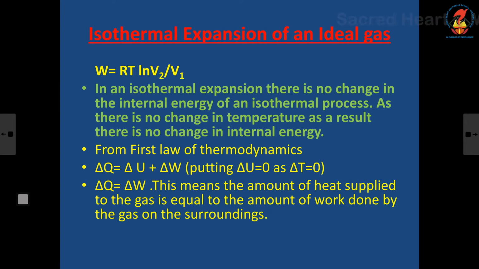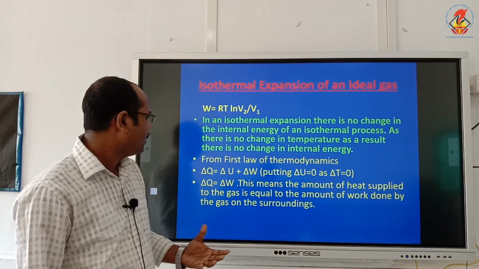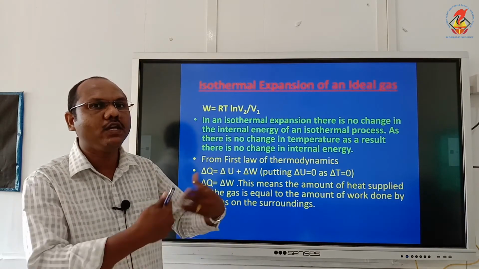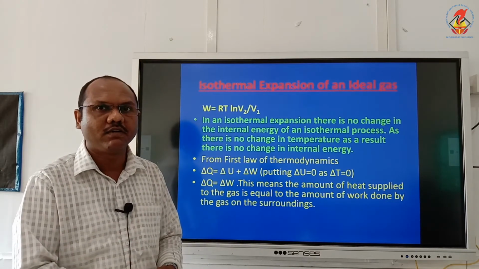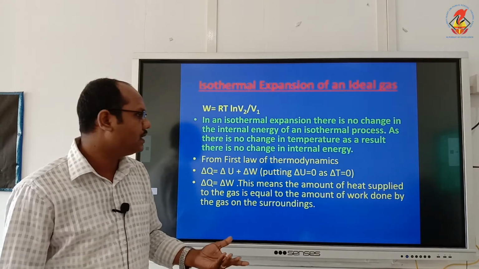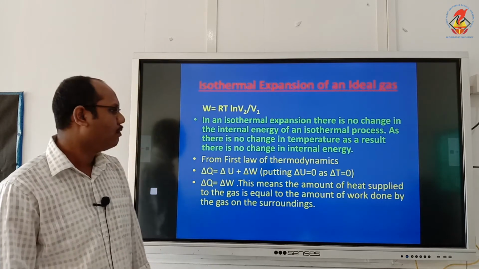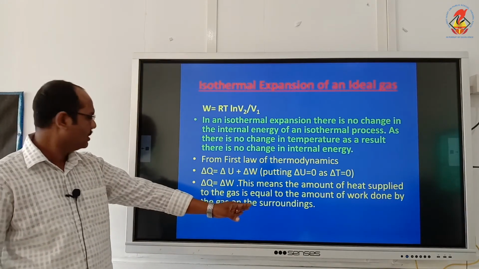So, change in internal energy will be 0, delta U is equal to 0. So, I can write delta Q is equal to delta W. That means, for an isothermal expansion, the heat supplied is only used for doing the work for expansion. There is no rise in the temperature. So, heat supplied is equal to the amount of work done by the gas on the surroundings.